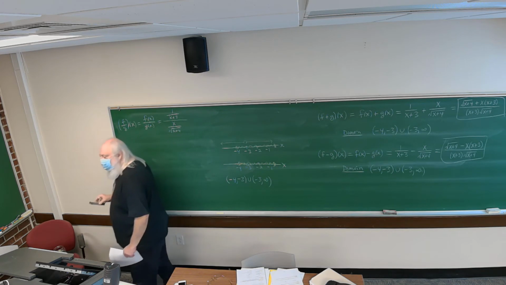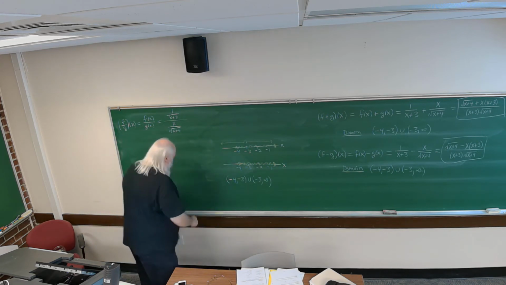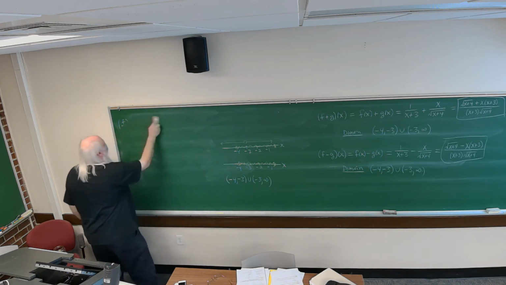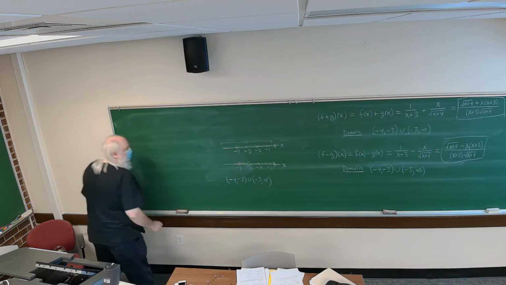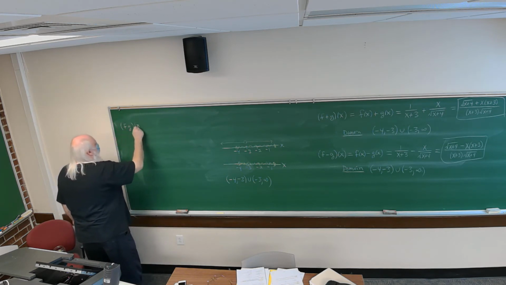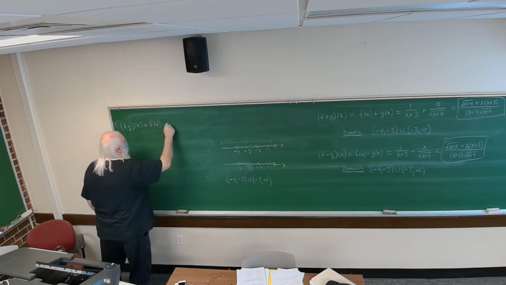Oh, I'm sorry. I did get ahead of myself, didn't I? Thank you, Rachel. Yeah, f times g of x is equal to f of x times g of x.